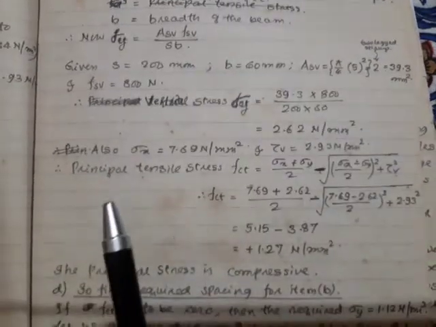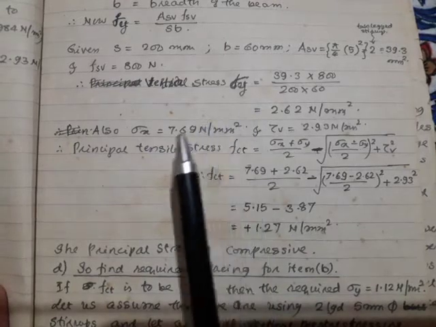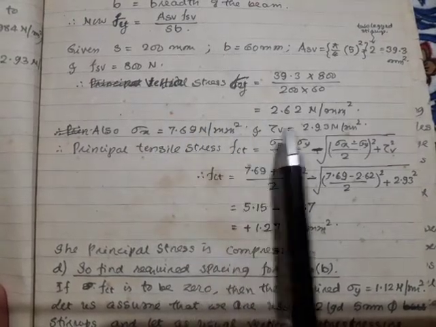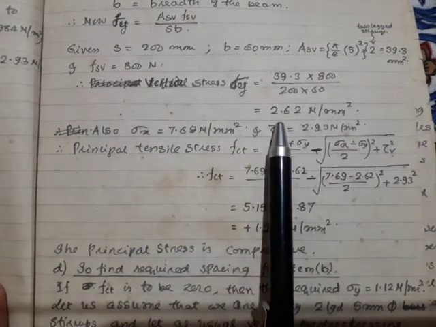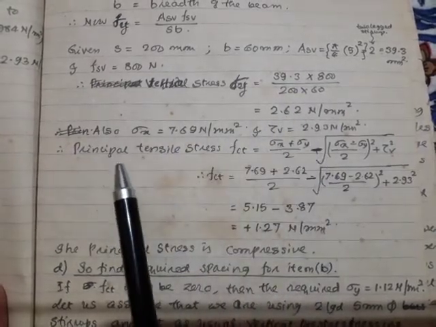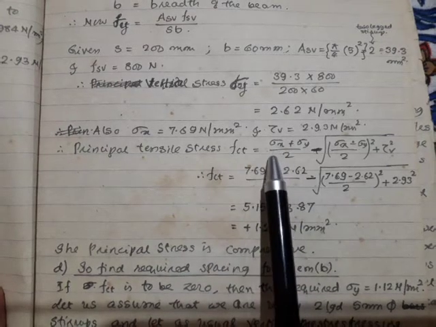Now, in your previous steps, we have obtained sigma x is equal to so much, tau v is equal to so much, and now you have obtained sigma y is equal to so much. For these, what is the principal tensile stress, FCT? You can easily calculate.